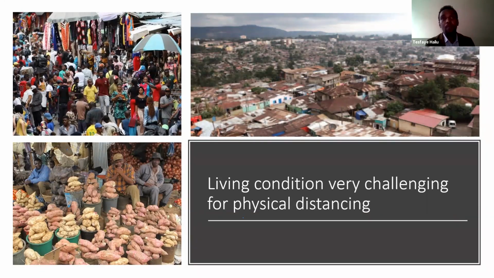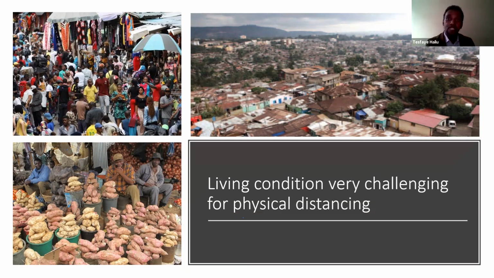And the other is the burden of malnutrition. I will refer to the Global Nutrition Report, which was released recently. It shows that 58 million children under 5 are stunted, and around 13 million under 5 children are wasted at this time.